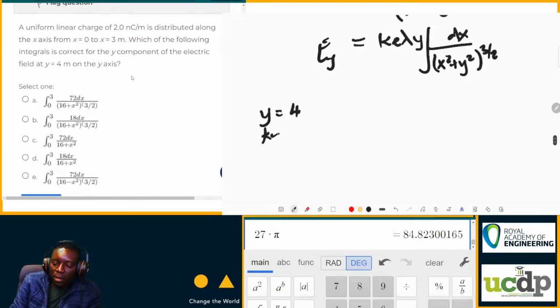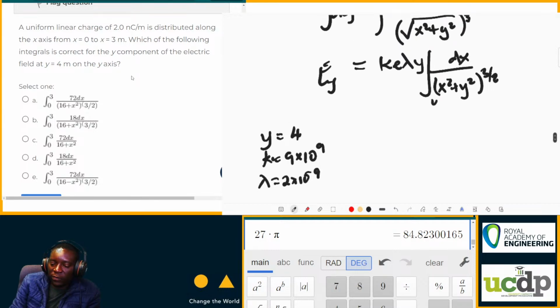Ke is 9 times 10 to the 9. Lambda, are we given lambda? 2 nanocoulombs, 2 times 10 to the minus 9 per meter. And y is also 4. Ke, lambda, y are the different things that we need to express, and x is varying from 0 to 3.